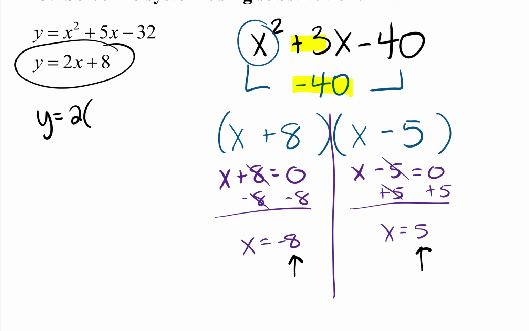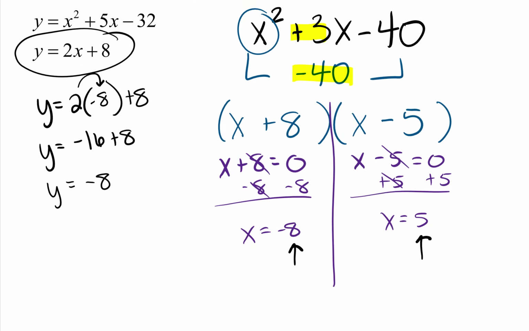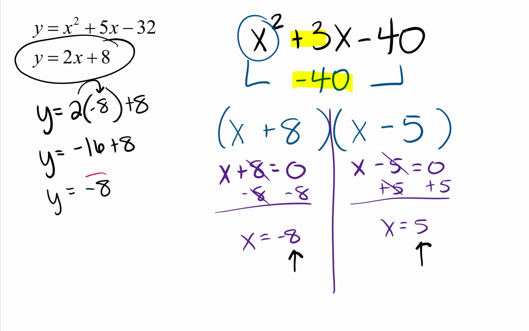So the first x, negative 8, plus 8. Y equals 2 times negative 8, plus 8. And then, of course, negative 16 plus 8 is, luckily, negative 8. Wow. So our first answer is, here's y, here's x, so I have negative 8, comma, ooh, both negative.